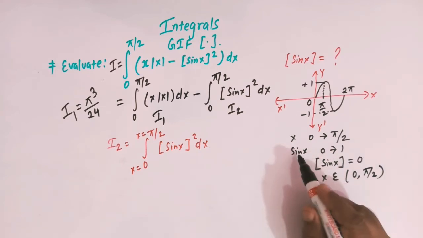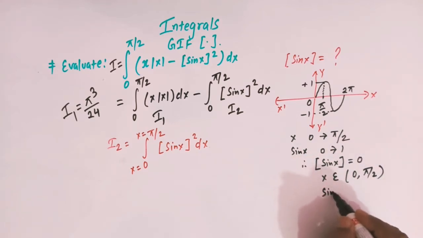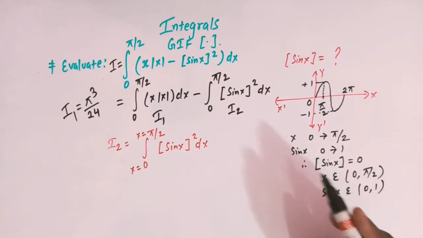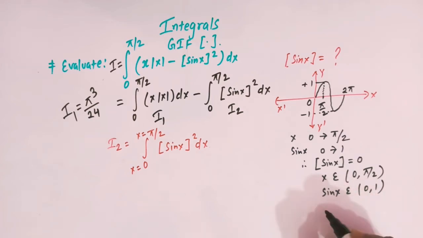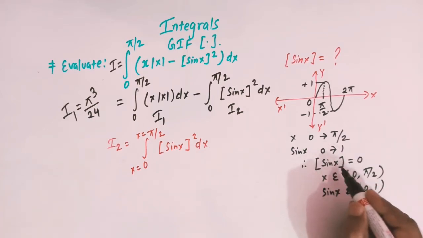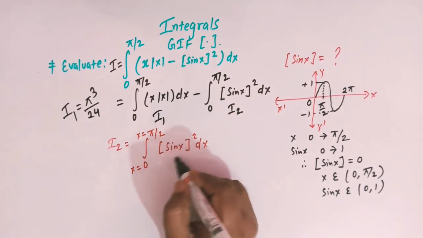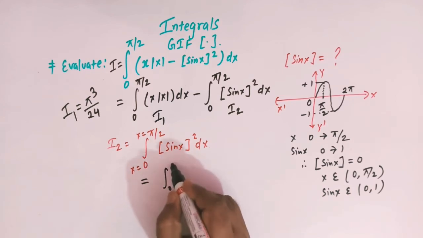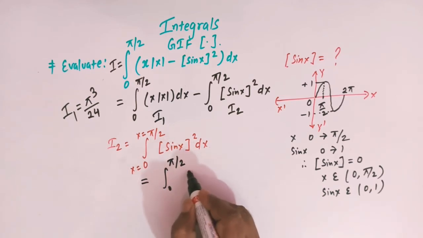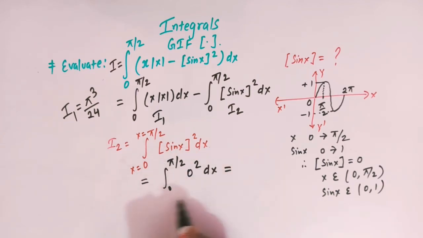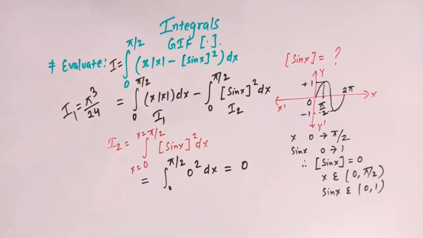Because the value of sin x varies from 0 to 1 when x varies from 0 to pi by 2. So therefore when sin x lies between 0 and 1, the value of greatest integer of sin x is obviously equal to 0, right? So here we have 0. So now the integral becomes 0 to pi by 2, and here we have 0 square dx, right? So the value of this integral is 0, right?